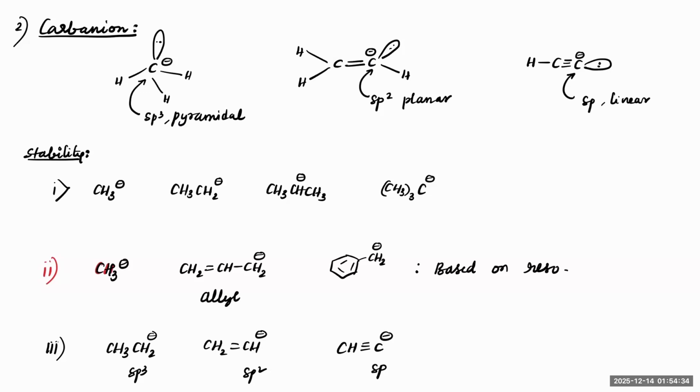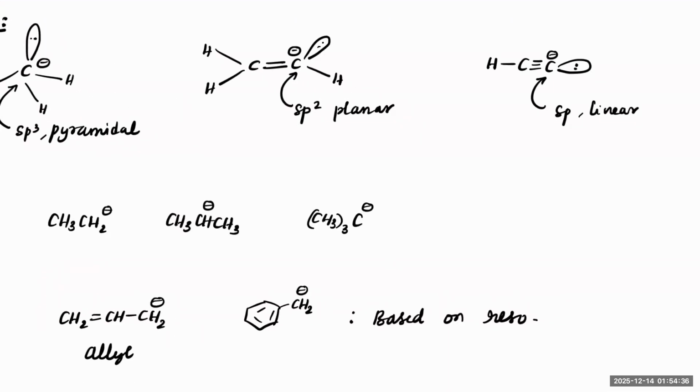Now stability. In a simple sense, if you have a negative charge on a carbon, anything which is an electron donating group destabilizes it. Electron donating group effects like hyperconjugation, sorry, here hyperconjugation is not possible because it is a negative charge.